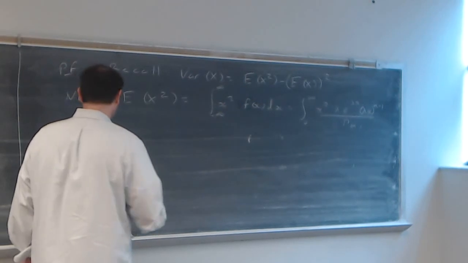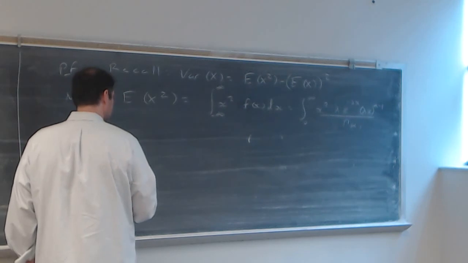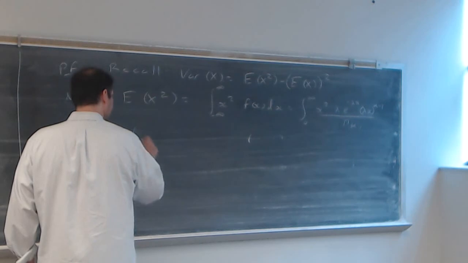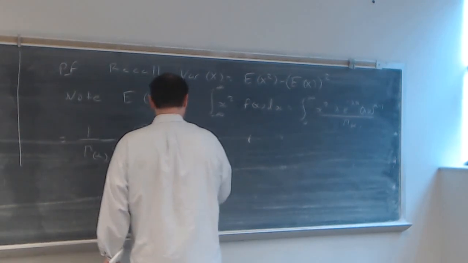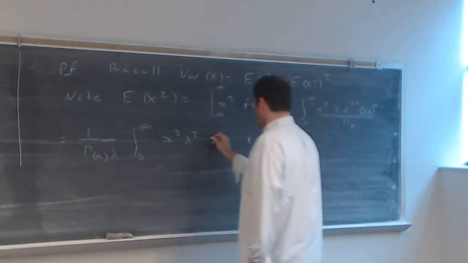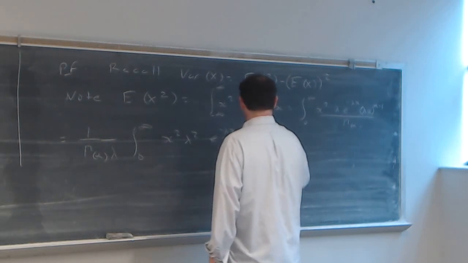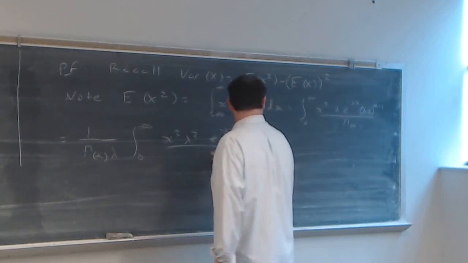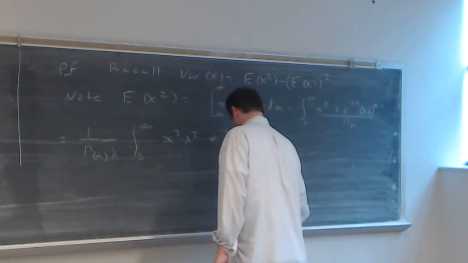Here, we pull out a lambda. I'll put in another lambda. It's the integral from 0 to infinity, x squared, lambda squared. It was lambda, but it's lambda squared now. e to the minus lambda x to the alpha minus 1. That's it. No, I pulled out the gamma of alpha.